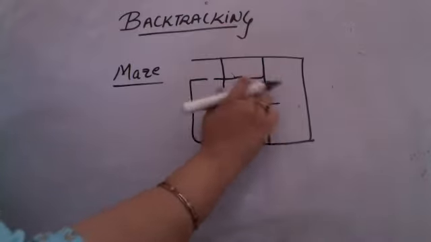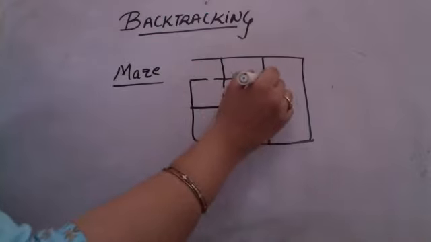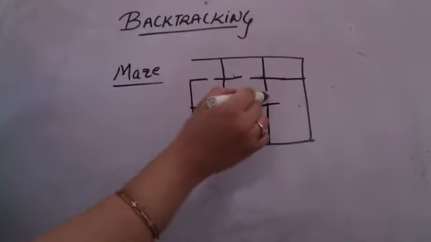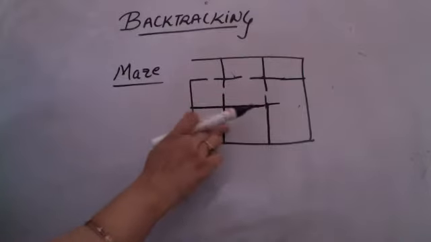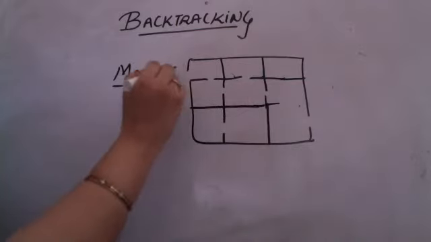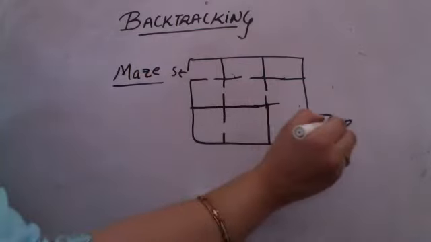What is happening in this case is the point that I was trying to make, that within the maze there are certain options which are available and certain options are not available. So you have to find a way from the start to the end. So what do you do?